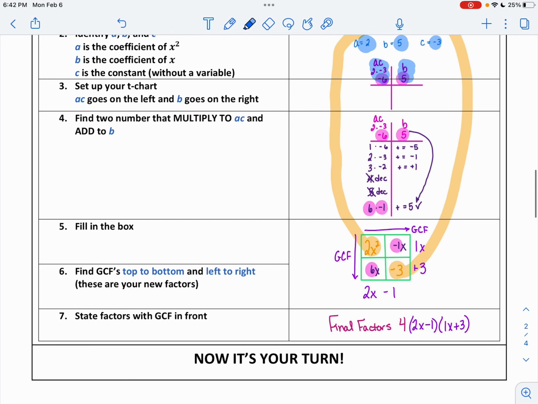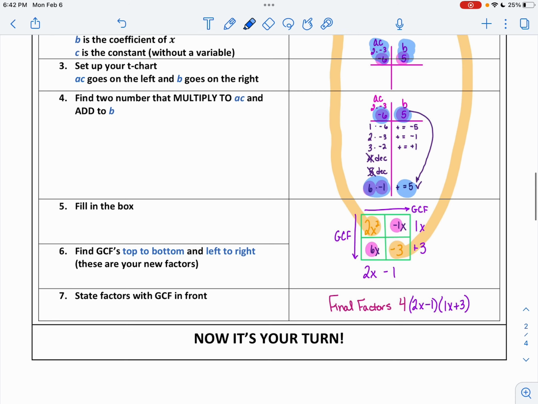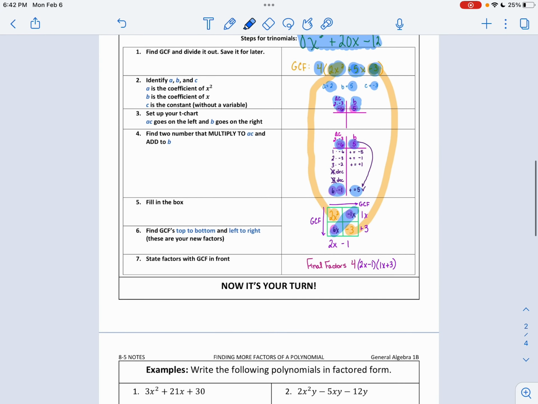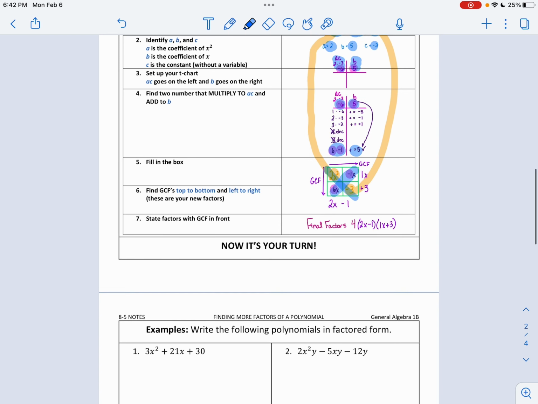Then you're going to find two magic numbers that multiply to that -6 and that add to that +5. Those magic numbers go correspondingly diagonal from each other, and the original after the GCF term and the last term go there and there. Then you're going to find GCFs up and down and left and right, and then you'll be all done. You state your factors.